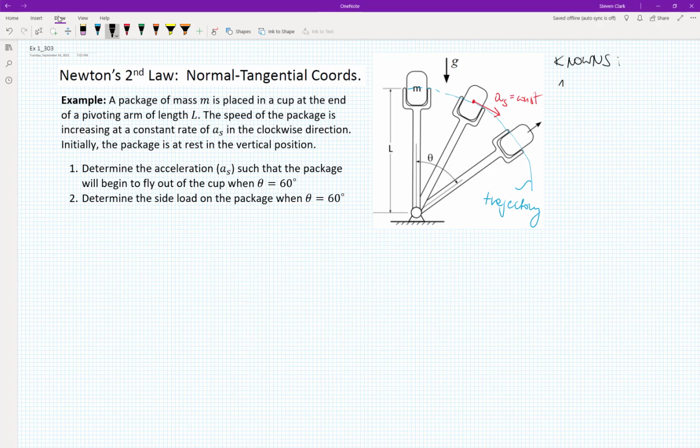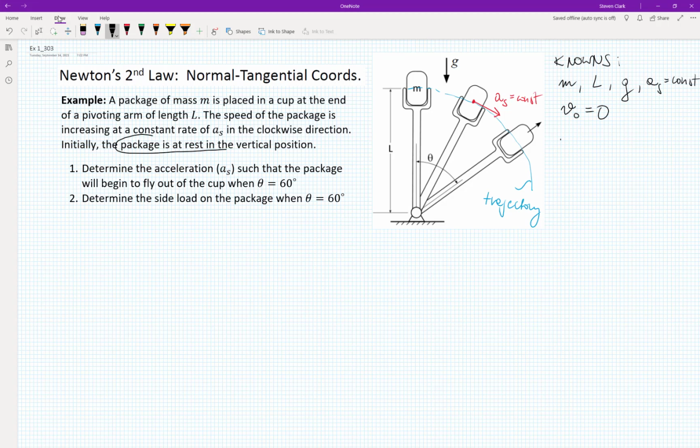Knowns: we know mass, we know length, we know g, and we know that AS is constant. Is there anything else we know? I believe that this is important information. Package starts at rest, so we know that our V0 is 0. This is all we know.